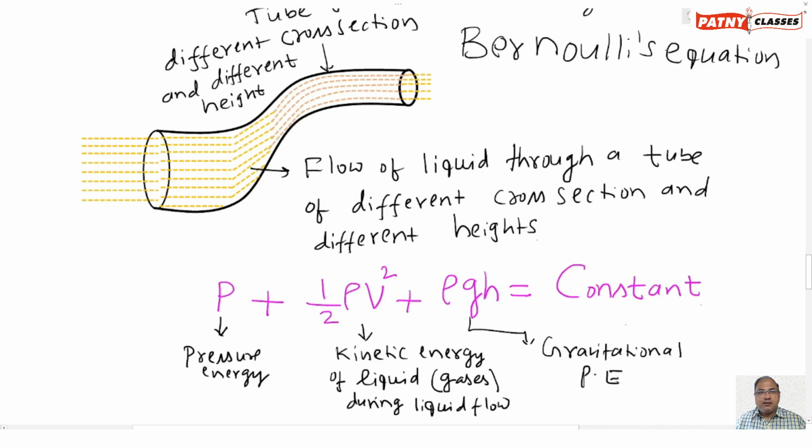Once again, according to Bernoulli's equation, addition of pressure energy and kinetic energy of liquid which is flowing through the pipe and gravitational potential energy, addition of all these three energies always remains constant during the liquid flow. This equation is called Bernoulli's equation.